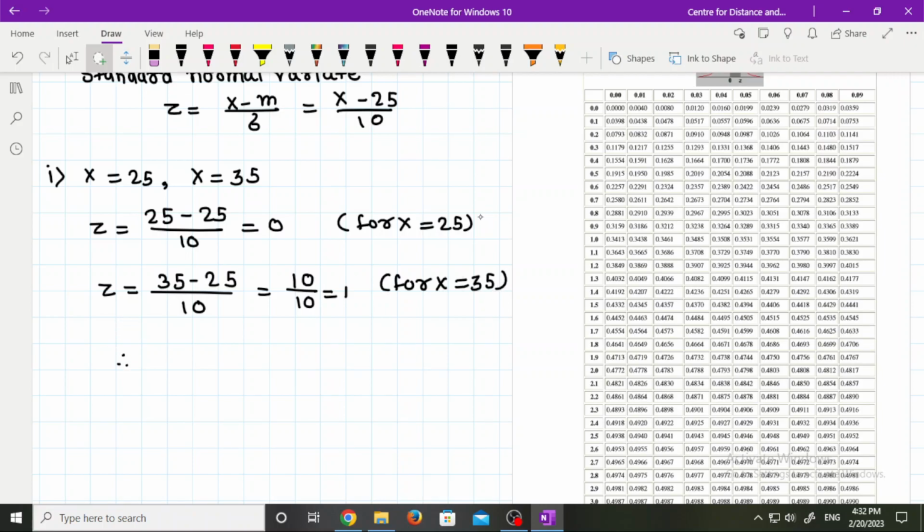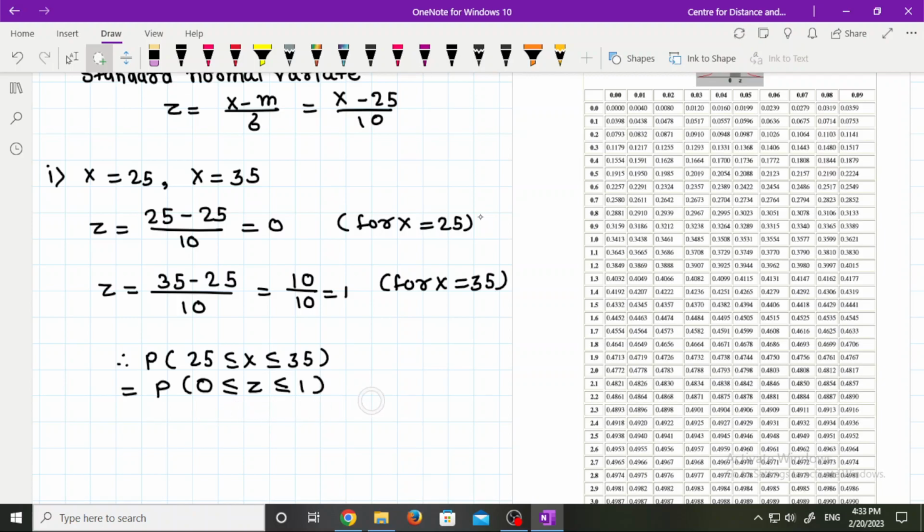Therefore, probability of 25 less than or equal to x less than or equal to 35 becomes probability of, putting the values in z form, 0 less than or equal to z less than or equal to 1.